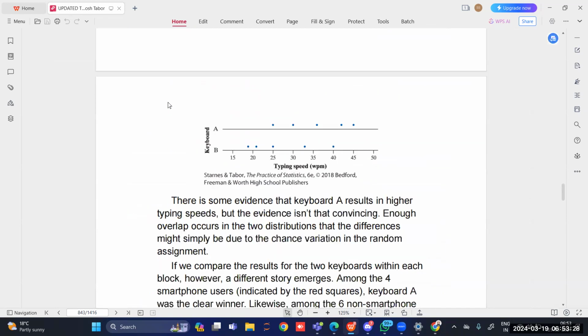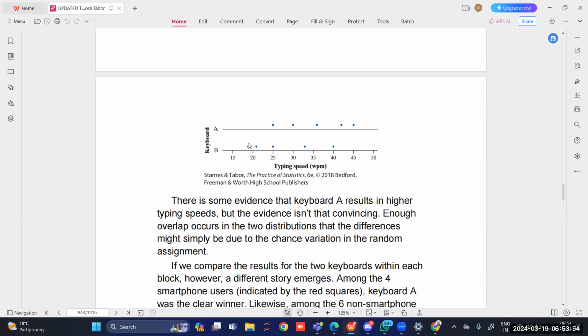So here he has given the dot plot of keyboard A versus keyboard B. For example, these were the two volunteers who didn't know how to use the keyboard. This type of dot plot we have learned, just one scale, and we have plotted 2 dot plots. You can see the typing speed, where it is less, from the dot plot.